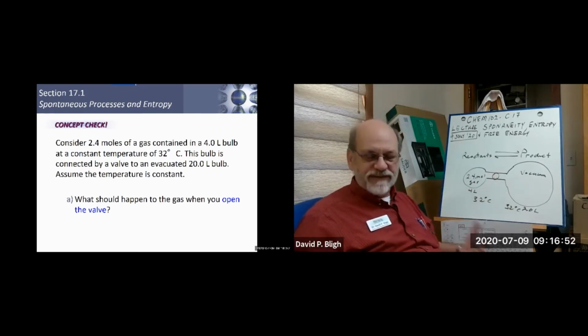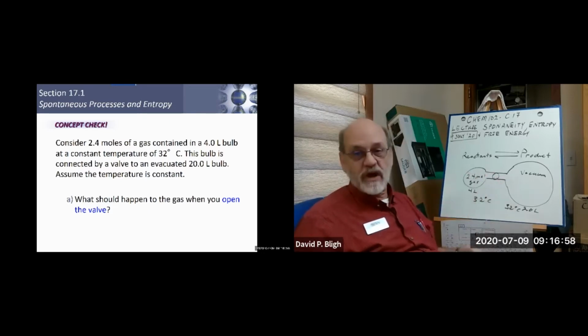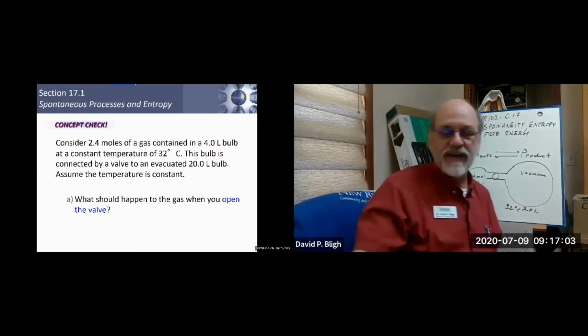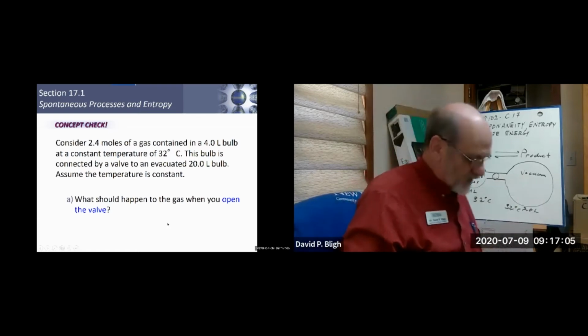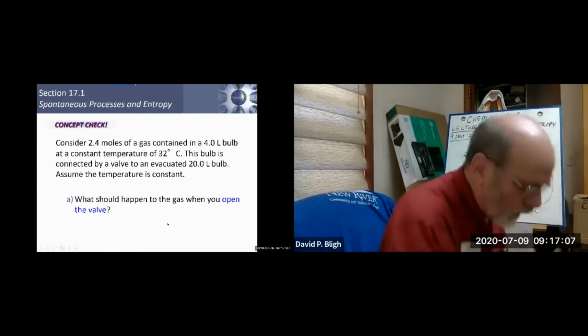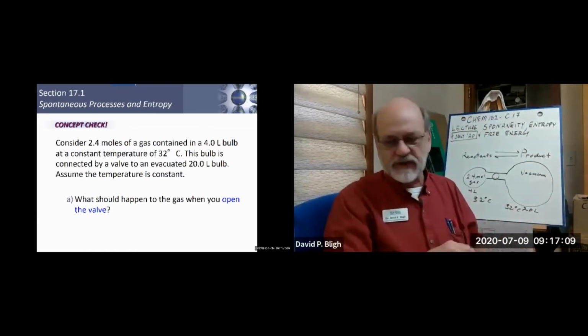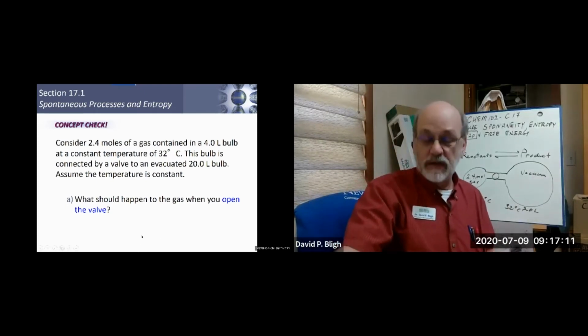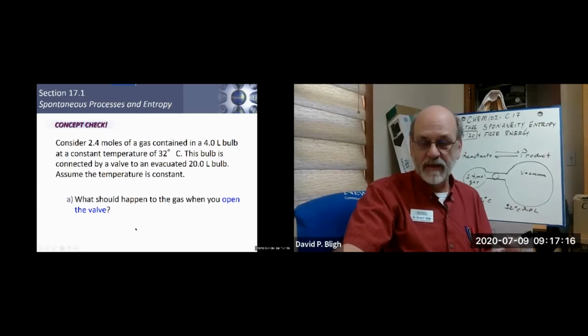But we can't define any driving force other than the fact that there's a difference in pressure. So how do we explain the fact that the gas moved into that space? And this brings us to a new concept that's required to explain what's happening.